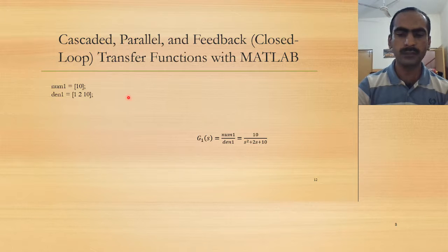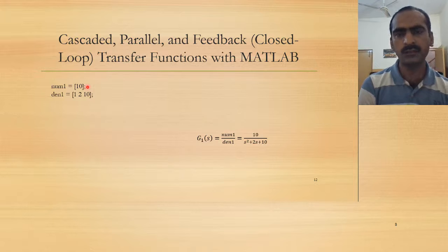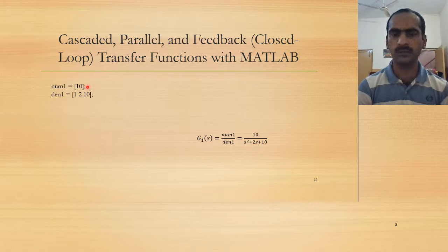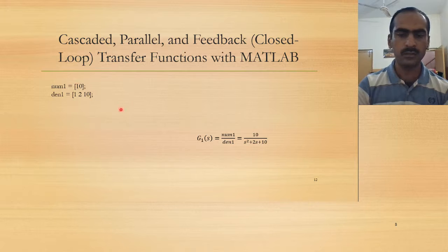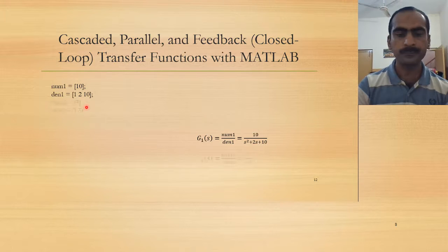and in MATLAB the polynomials are represented with vectors. Numerator is a constant 10, so it's a vector having just one element, 10, and denominator is a polynomial of degree 2, represented by a vector with elements 1, 2 and 10.